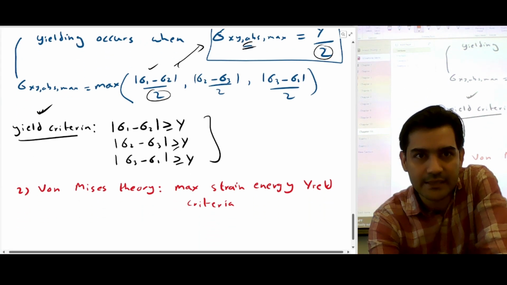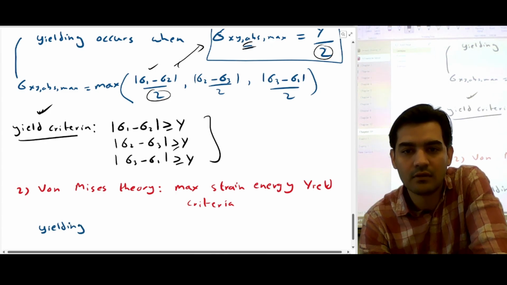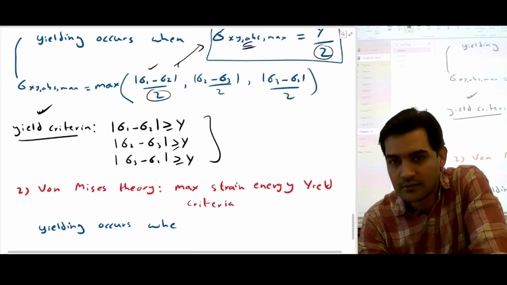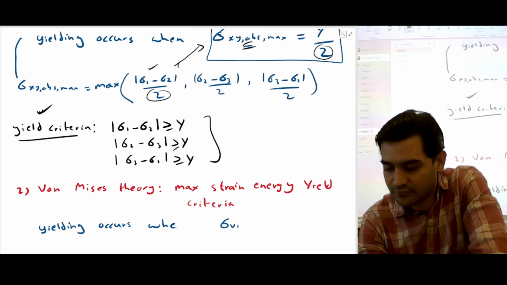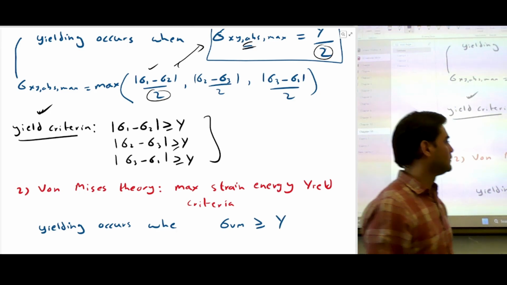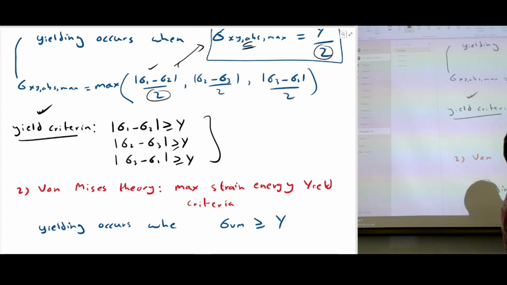So von Mises says yielding occurs when your stress Vm is greater than or equal to yielding. So what he did, instead of using stresses, he actually calculated the strain energy in the material when it's stressed, and he figured out that strain energy can also be used to see if the material will yield or not.